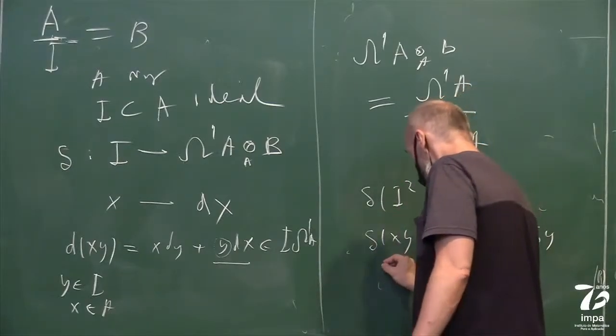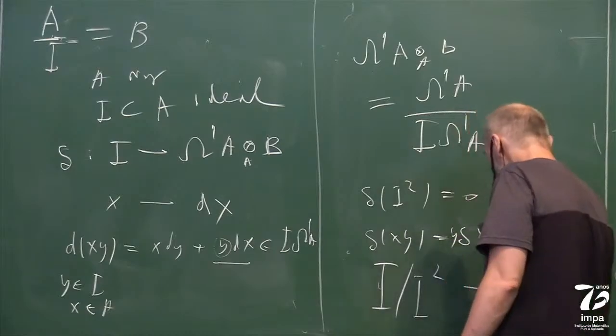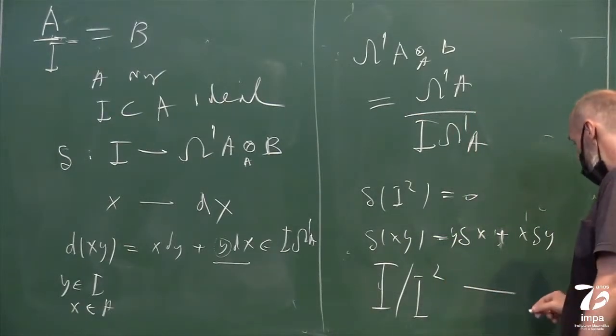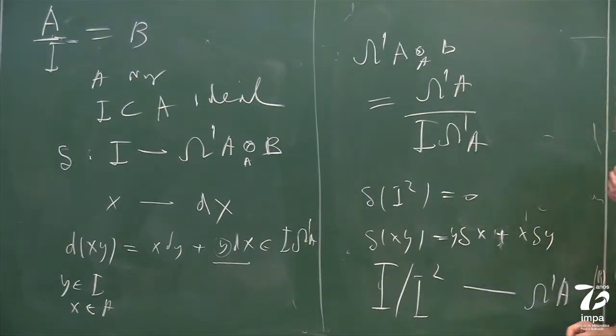So we obtain a map delta from I quotient by I square, it's a map of modules, not a derivation, to omega 1A tensored with B. Okay? Was that clear?